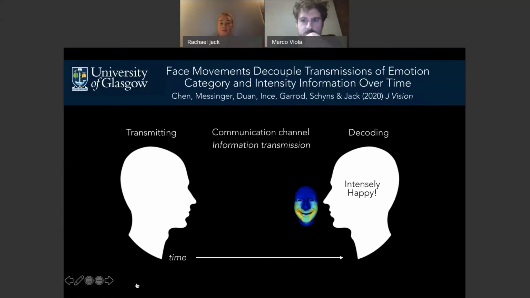And here what we're finding is that the action units are arranged in a particular way to provide the observer with a cascade of information over time, which could aid cognitive processing. If information is temporally structured in an expected or predicted way, and it's not presented all at one time, this could aid cognitive processing.